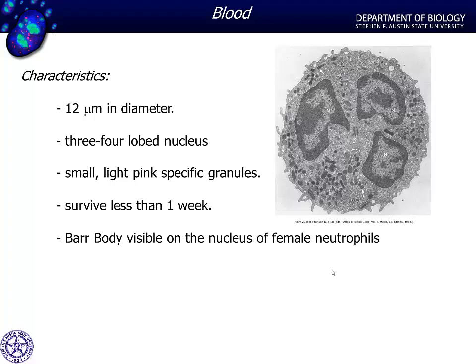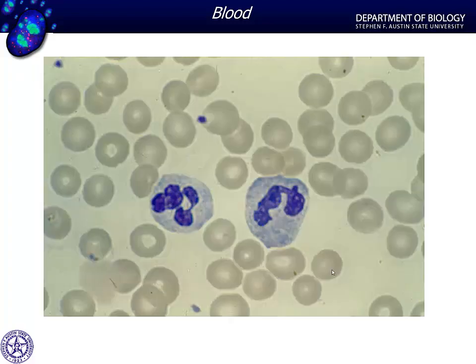Now, the other indicative feature that we see of the neutrophils is the fact that in females, the condensed second X chromosome, the bar body, is going to be visible almost as a drumstick-like region on the neutrophil, the nuclear material of our neutrophils in females.